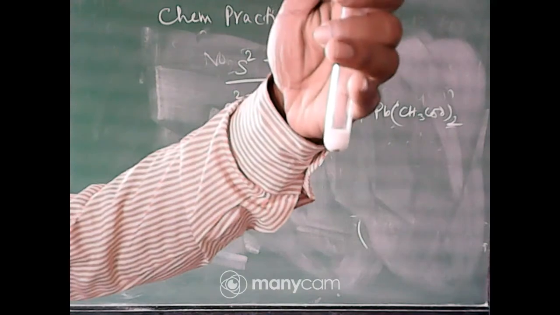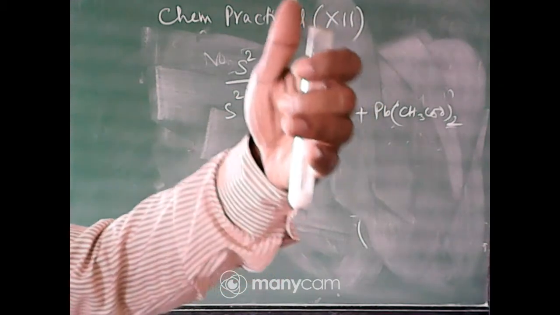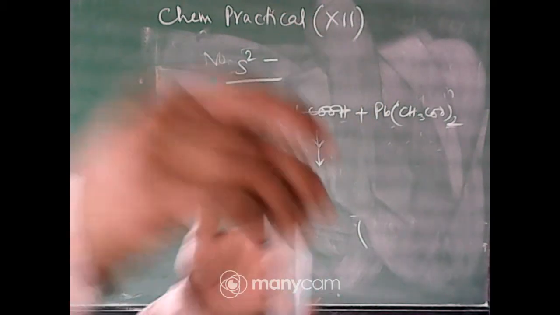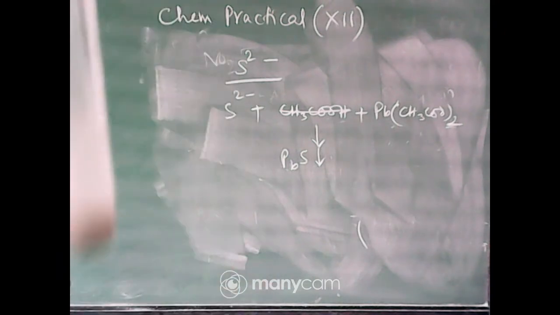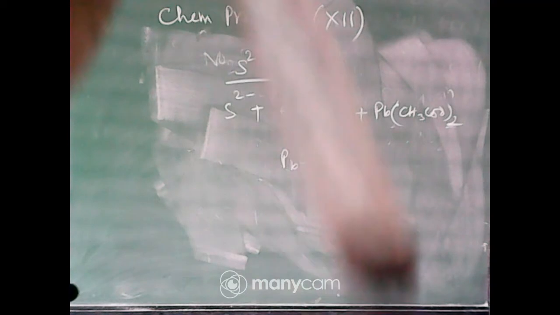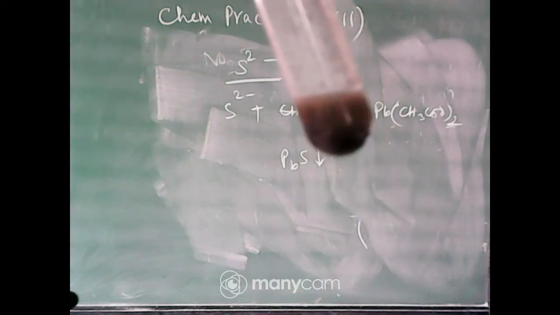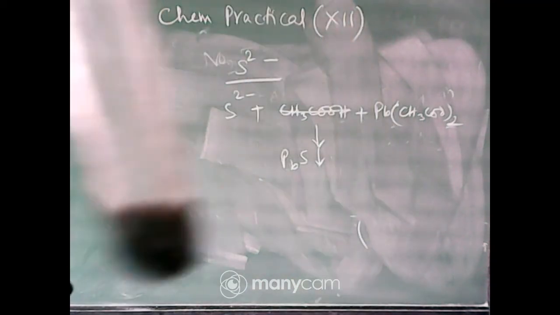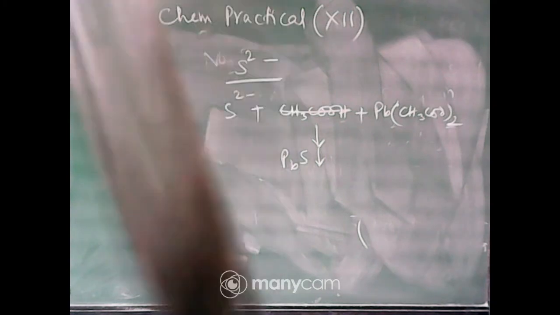Lead acetate added. When I shake it, it turns black. See that it is converting to black in color. Yes, now it is converted to black. This is due to lead sulfide.